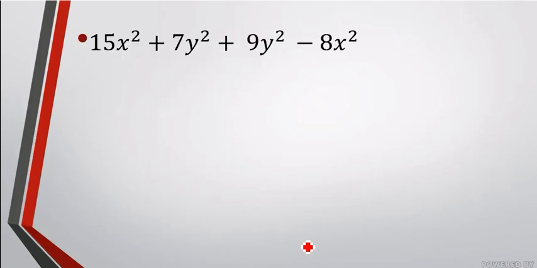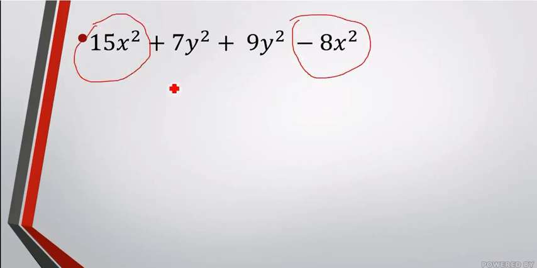Let's look at another example. 15x squared plus 7y squared plus 9y squared minus 8x squared. How am I going to approach this sum? I'm going to group the like terms together, and then I'm going to add and subtract. So 15x squared minus 8x squared plus 7y squared plus 9y squared.